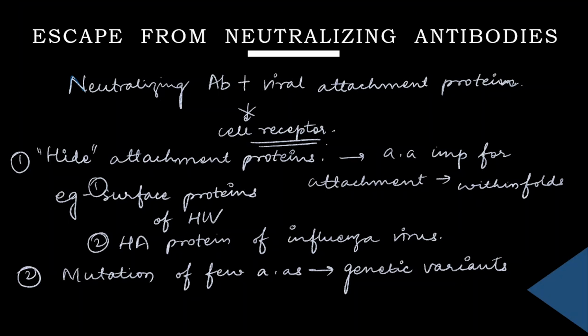And thus again they are able to evade the neutralizing antibodies. So these are some of the mechanisms by which these viruses try to escape from the neutralizing antibodies, and thus they are able to cause the infection or disease.